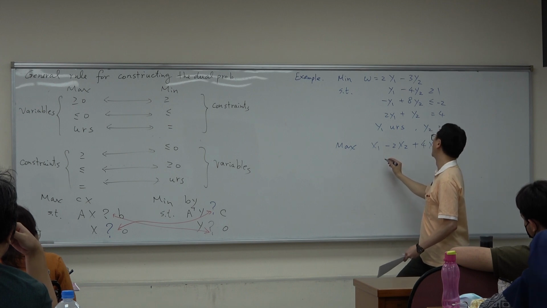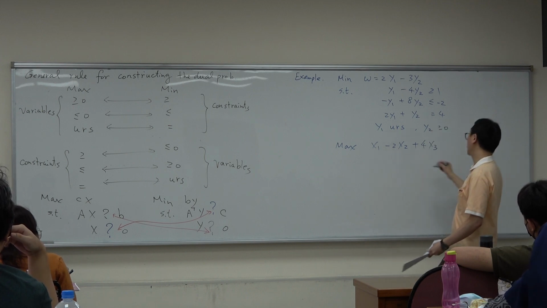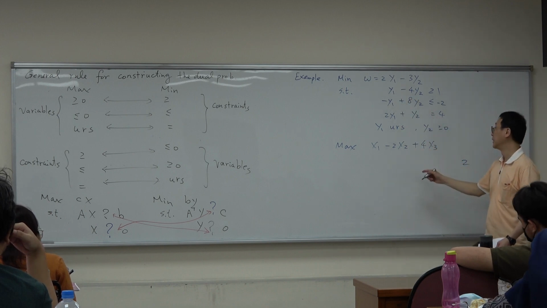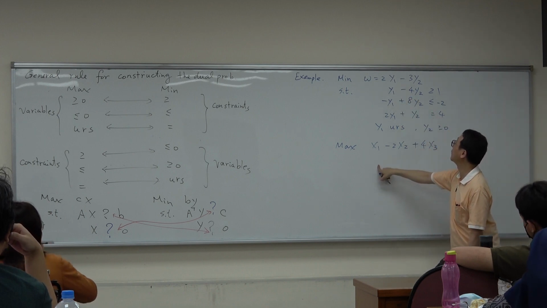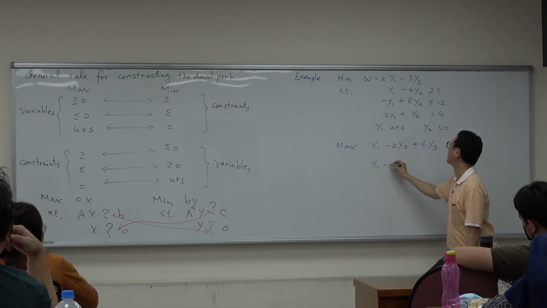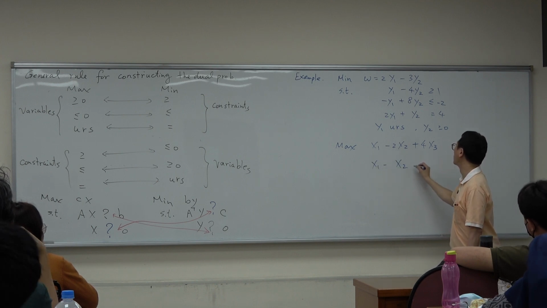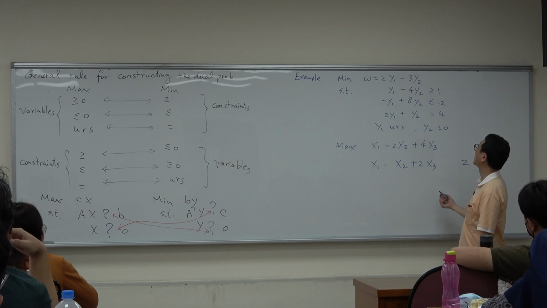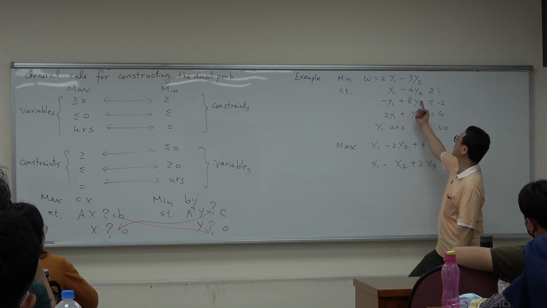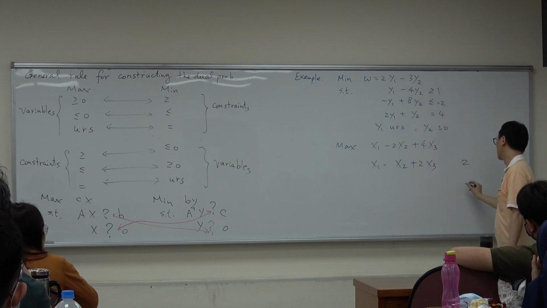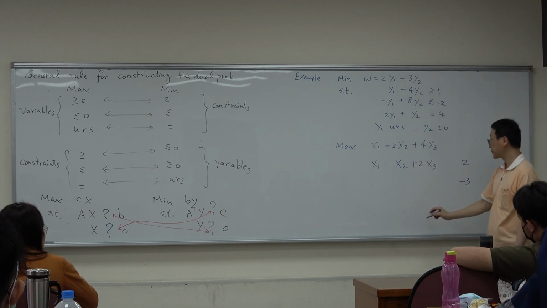For sure, the right hand side will be 2, right? For the first constraint, the right hand side is 2. And the left hand side will be x1 minus x2. We determine that later. Then we go to the second constraint, the second column. The right hand side is minus 3.